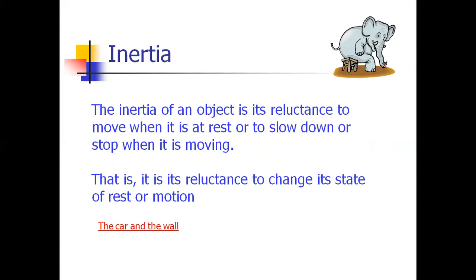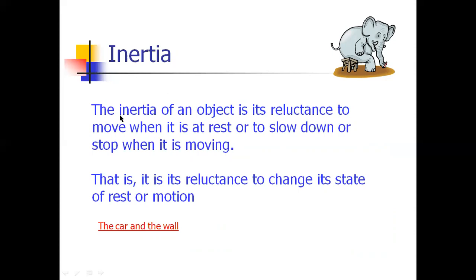Any object which has a mass, whenever we try to change its state, means if the object is lying at rest and we try to move it, or the other case, if an object is moving and we try to stop it or change its speed, then in both of these cases the object presents a resistance. This resistance is known as inertia, and inertia depends upon the amount of matter or amount of mass.